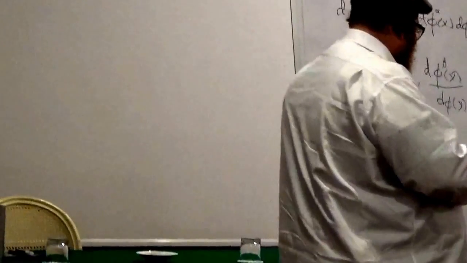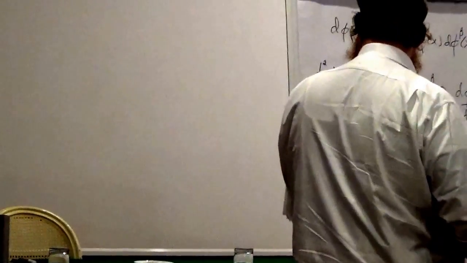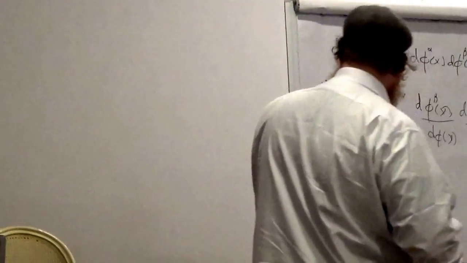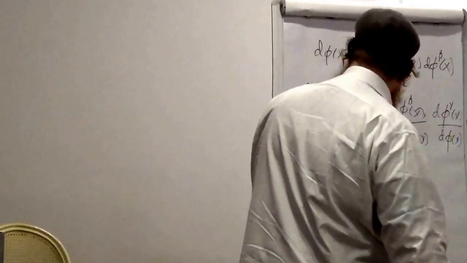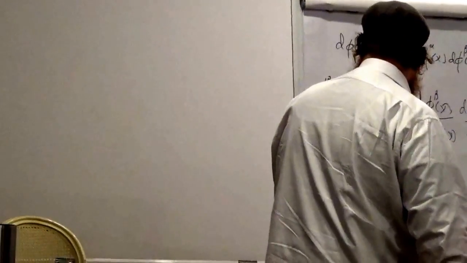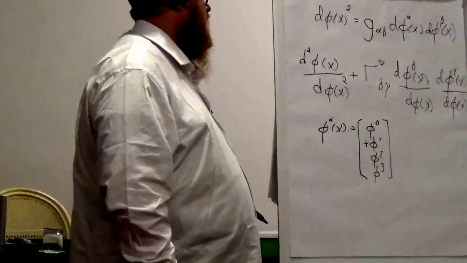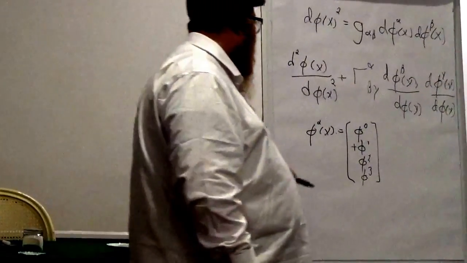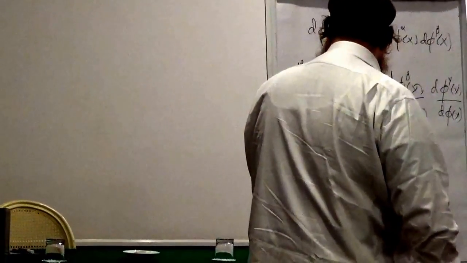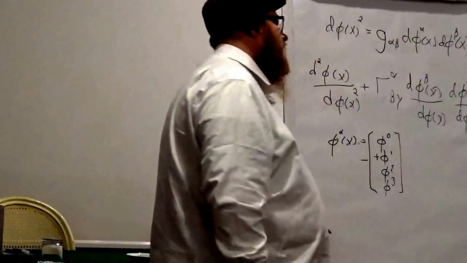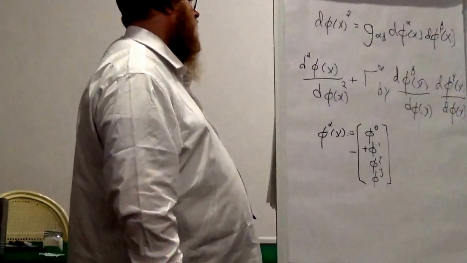Okay. And then basically, if this is your electron, then this is your electron neutrino, and this then becomes the electron antineutrino.